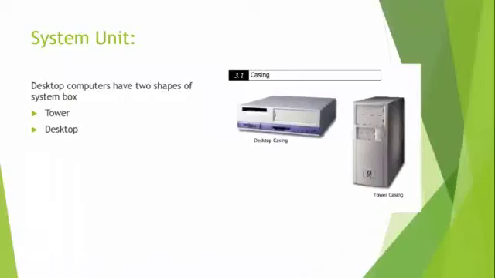As we see, this tower casing is an upright rectangle and it is usually kept below the desk or in a cabin below the desk. It can also be kept on the floor. And the desktop casing is a flat rectangle and it can be kept on the desk.